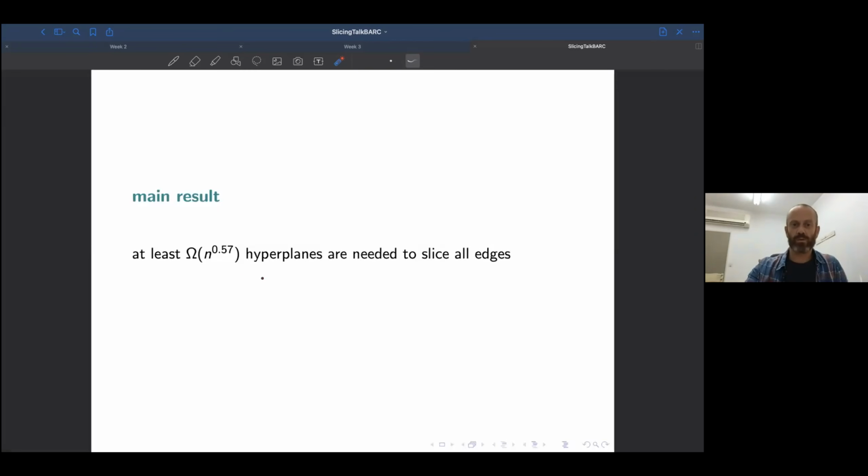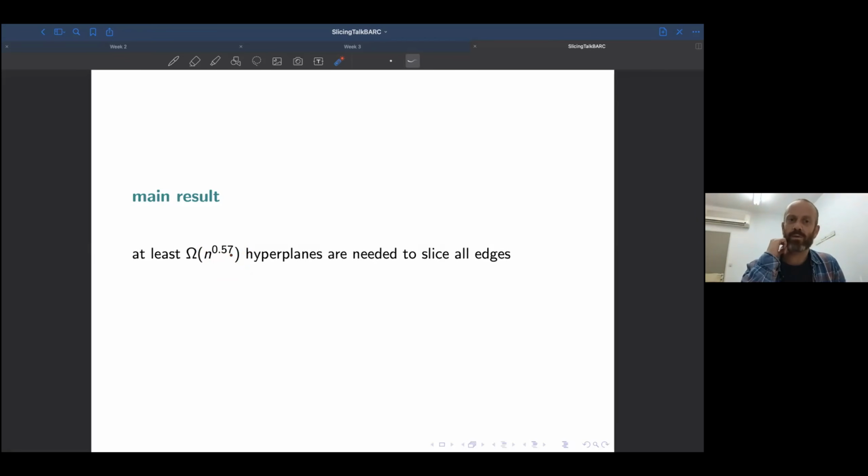And today I want to tell you how to improve this lower bound. This is the first improvement in a long time. This number is not so special. This is roughly what the current proof gives.